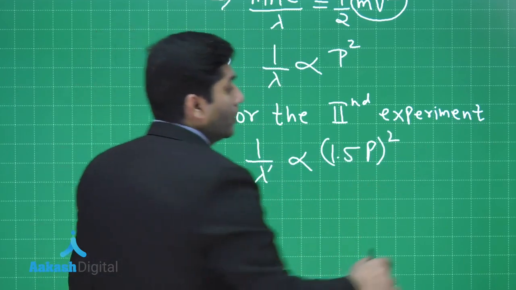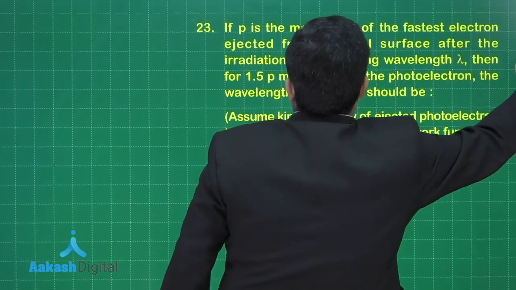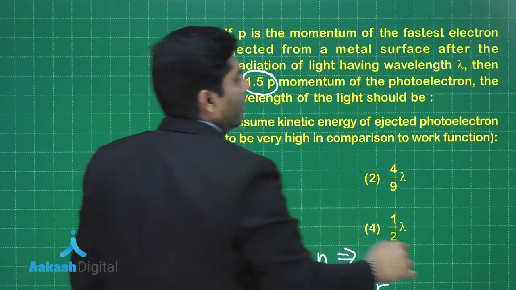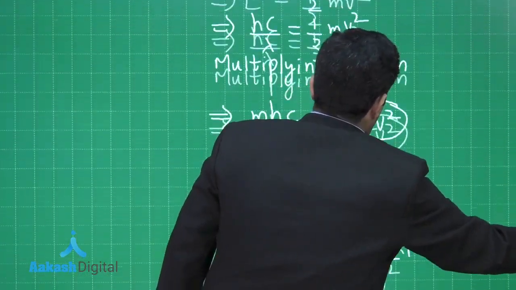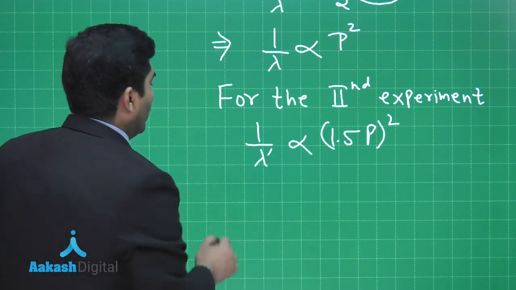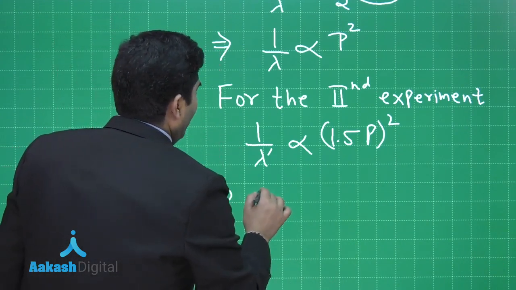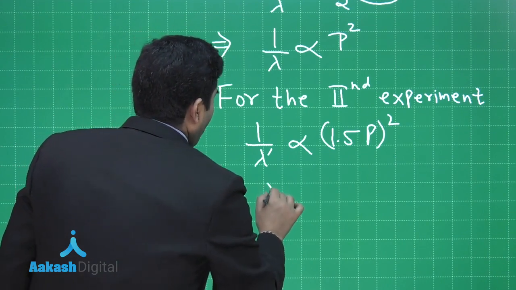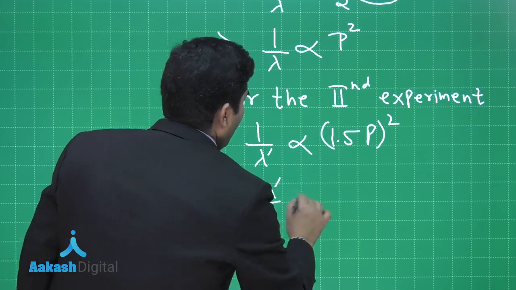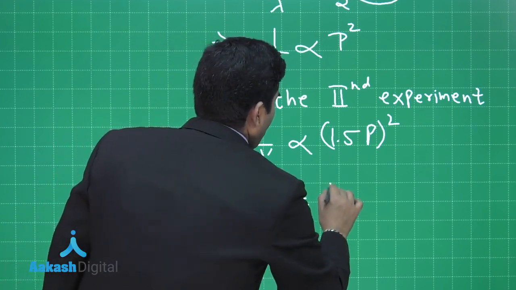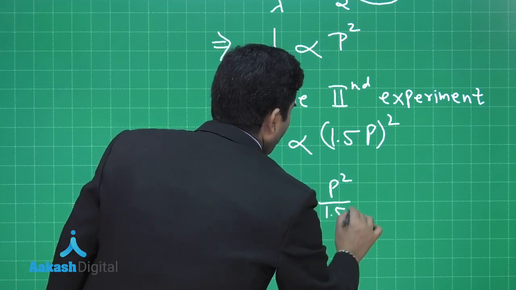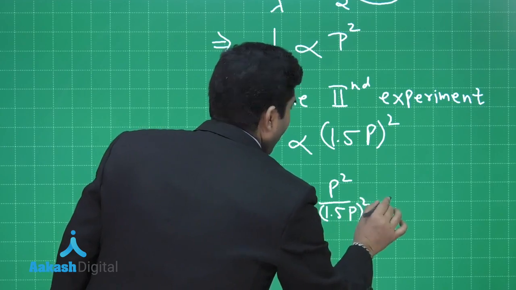Now it is given here that in the second experiment it is 1.5 p. So now we can divide these two equations. So after division we will get lambda dash upon lambda is equal to p square upon (1.5 p) whole square, right?